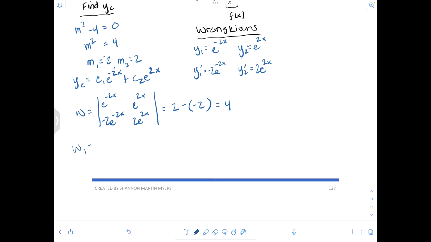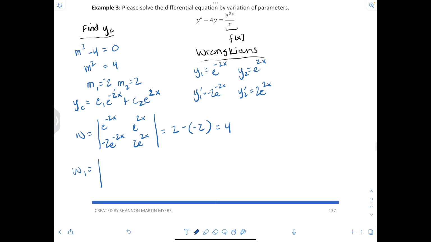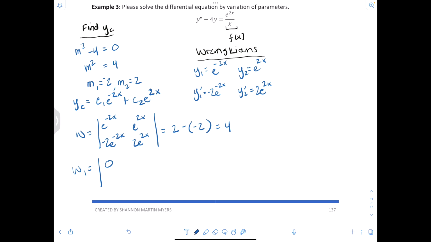w1 will be replacing the first column with 0 and f of x, which is e to the 2x over x. And then we still have our e to the 2x and our 2e to the 2x.